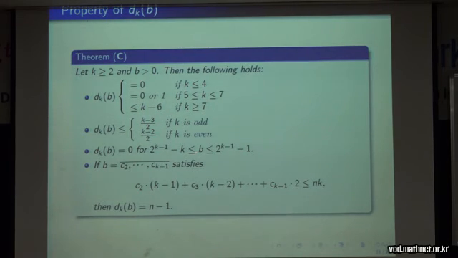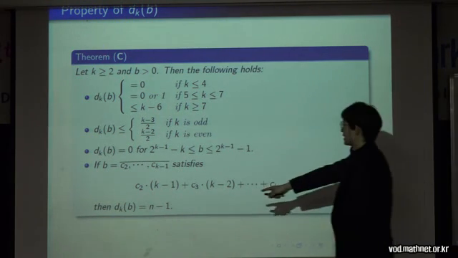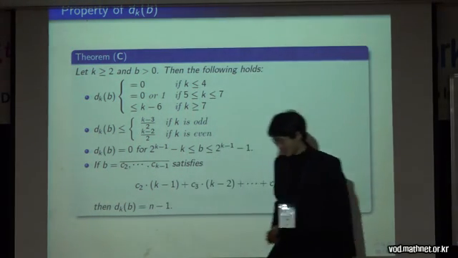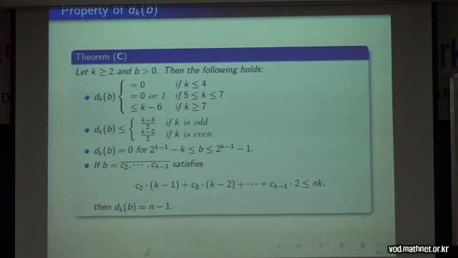And if B is between these two numbers, then the decay of B is 0. And finally, if B satisfies some condition n times k, then the decay of B is less than or equal to n minus 1.